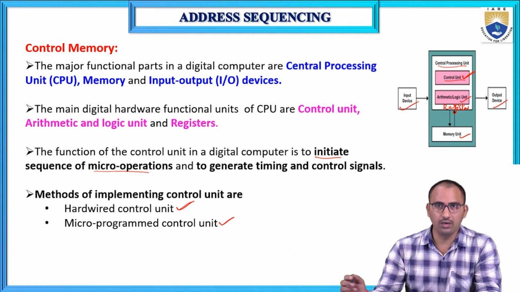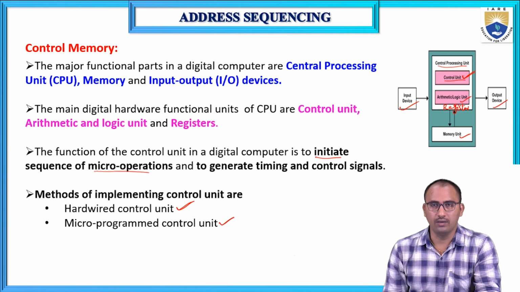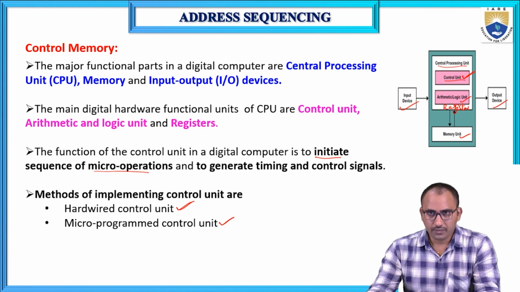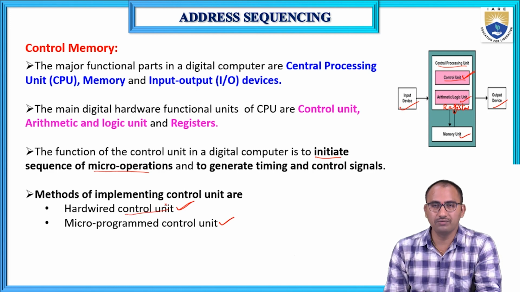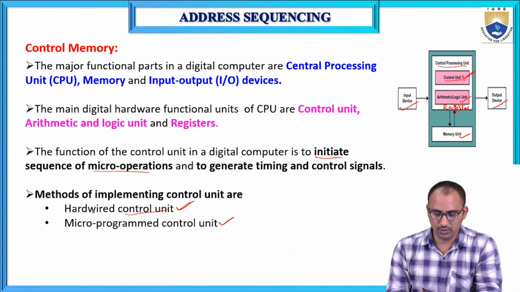That's why it is called hardware control unit. The main advantage of the hardware control unit is high speed of operation. The speed is very fast. But the problem is we cannot update the control unit, because everything is involved with the hardware. So it is very difficult to update. There is no possibility. That is with the hardware control unit.